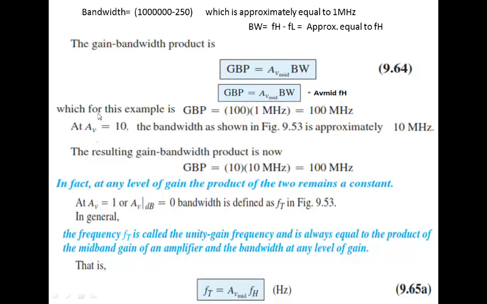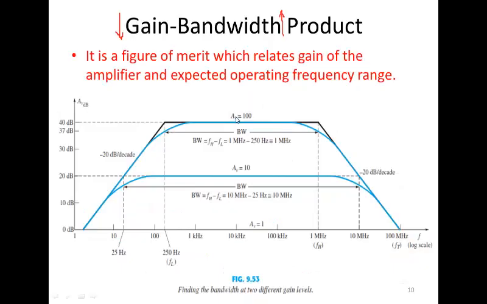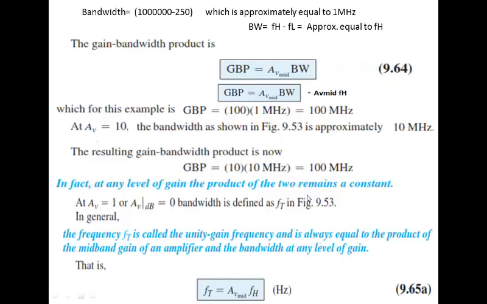For this example, AV mid is 100 and fH is equal to 1 megahertz, so the product is 100 megahertz.